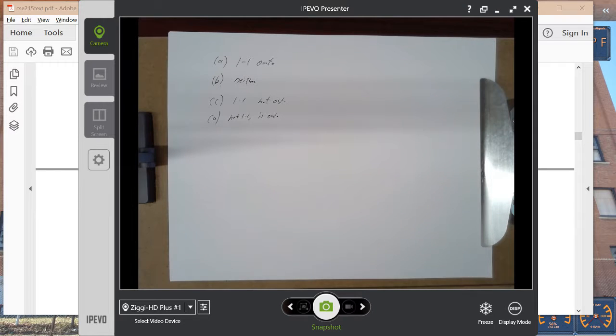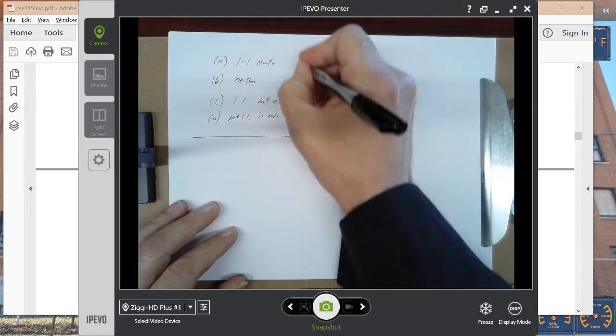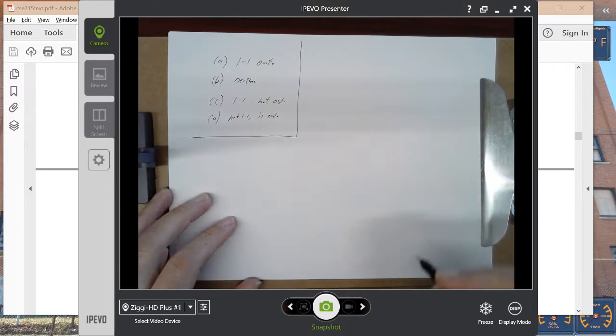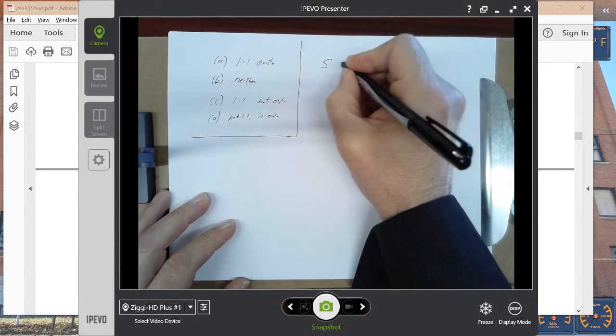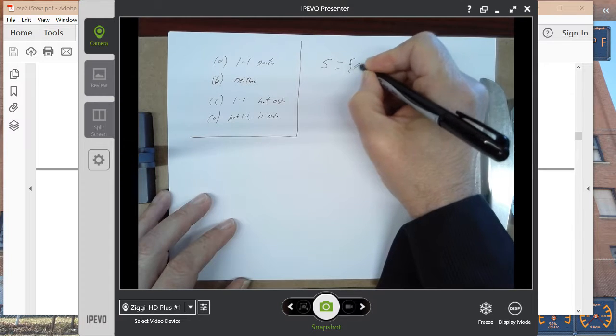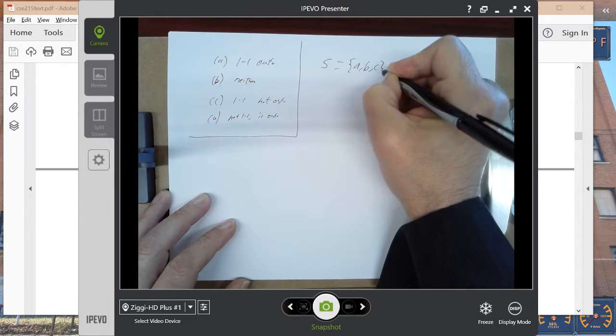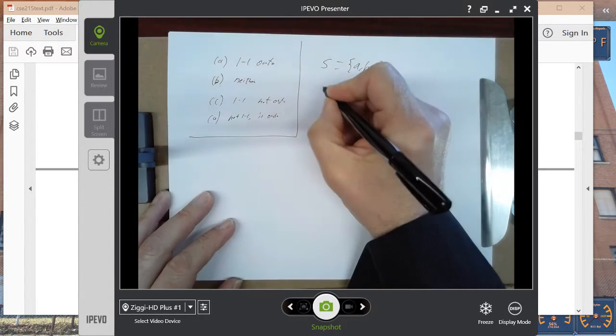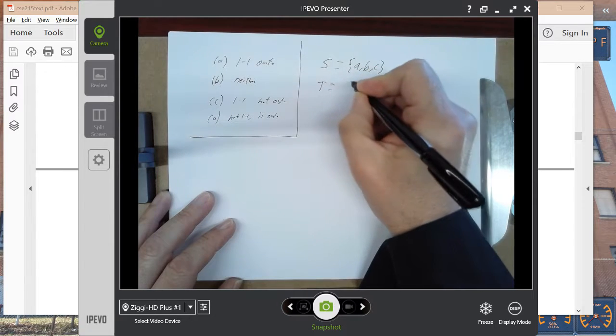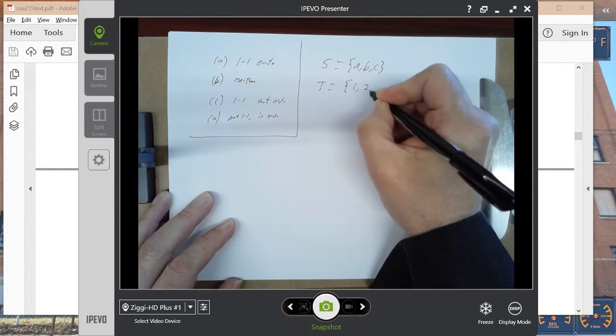Okay, so let's look at that. Let's make a set S containing 3 elements. And let's make a set T also containing 3 elements.